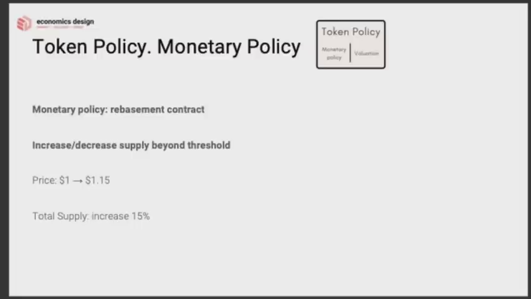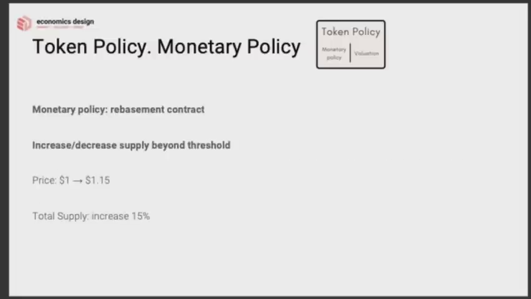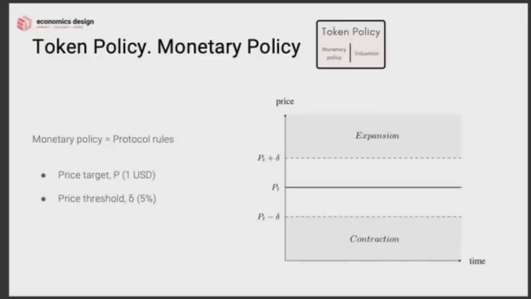If we're talking about rebasement as the contract, rebasement as the monetary policy, what are the variables we have to consider when defining the rebasement formula? It's basically just two things. One is the price target, which is P. You see this solid black line over here, that's P, that's price. That's $1.